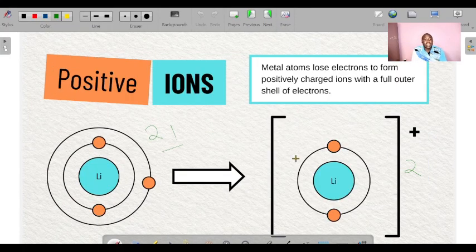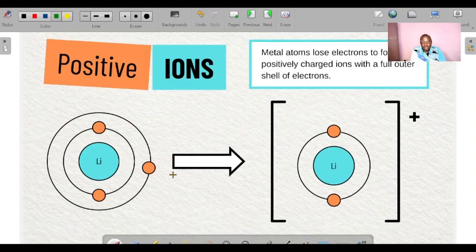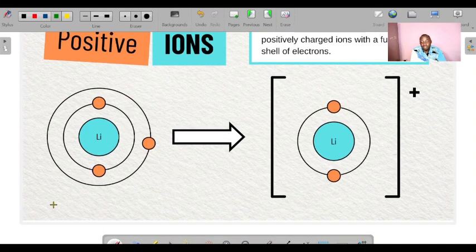So how is a cation formed? On my display, I have the lithium atom, and on the other hand, I have the lithium ion. As you can see, we know the configuration of lithium is 2.1.